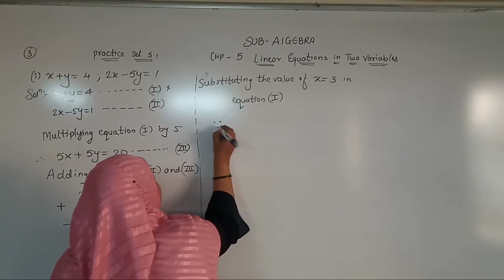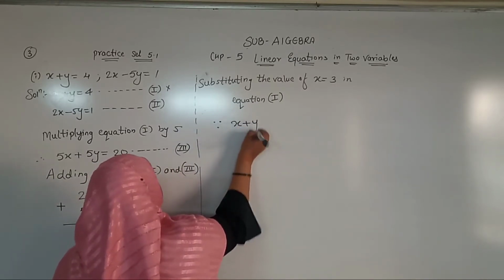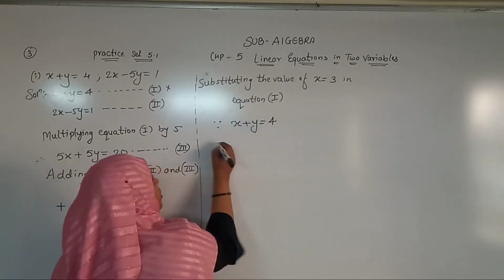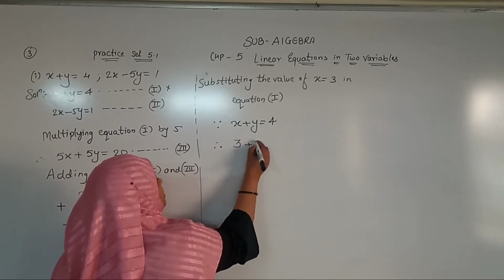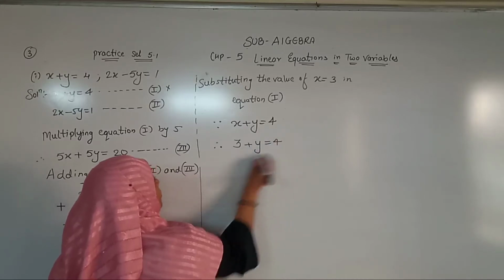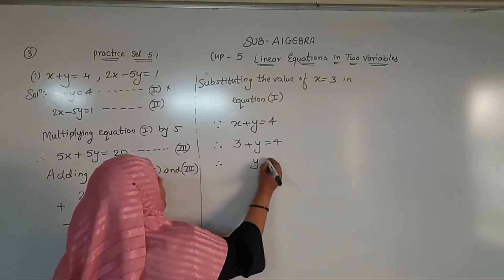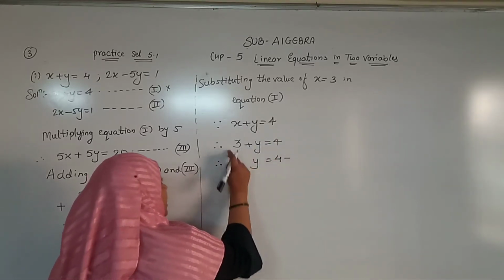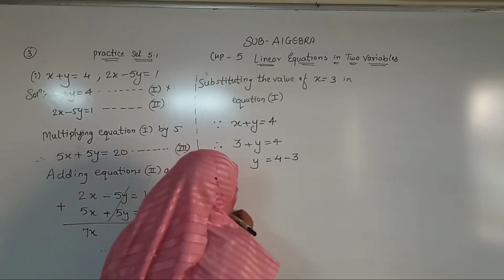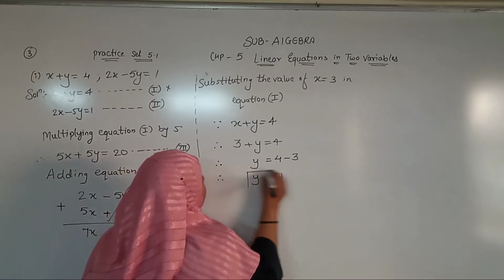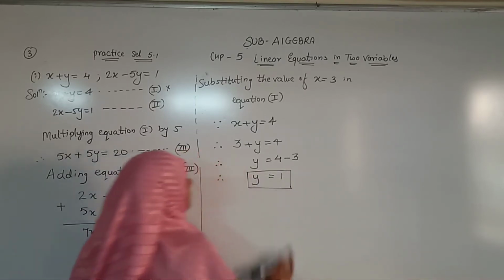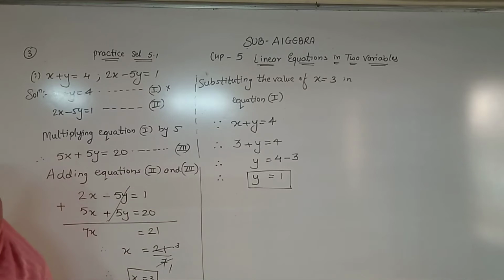What is equation number 1? That is x plus y equals 4. So what is the value of x? 3 plus y, the value I don't have, is equal to 4. So therefore y is equal to 4 minus 3. So therefore the value of y is 1. Okay, I got the value of y.